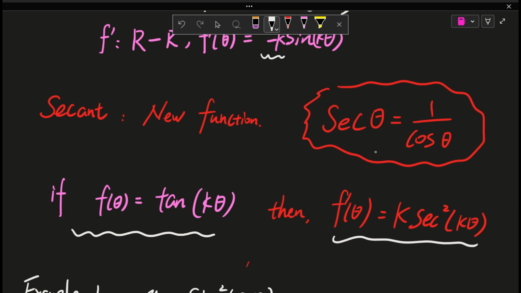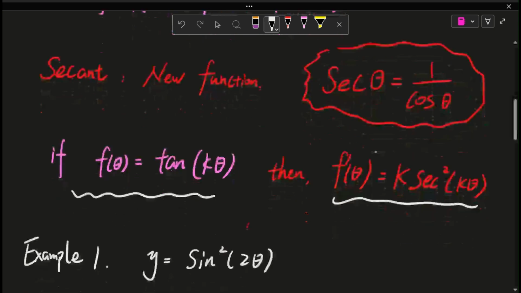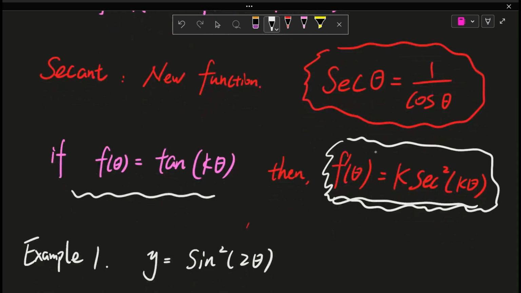Which means if we have tan k theta as a function of theta, then the derivative is equal to k sec squared k theta. Please write this one down as well in your reference book. Yeah, perfect. Once you finish, we can start some questions.